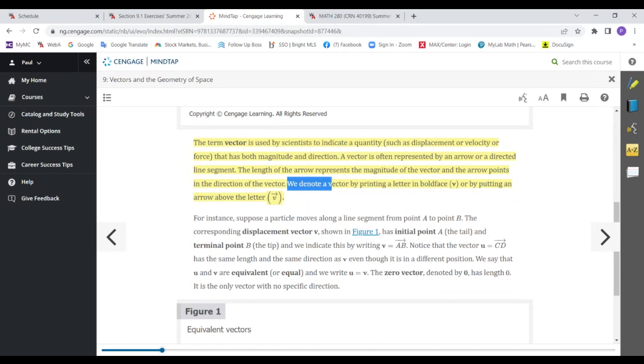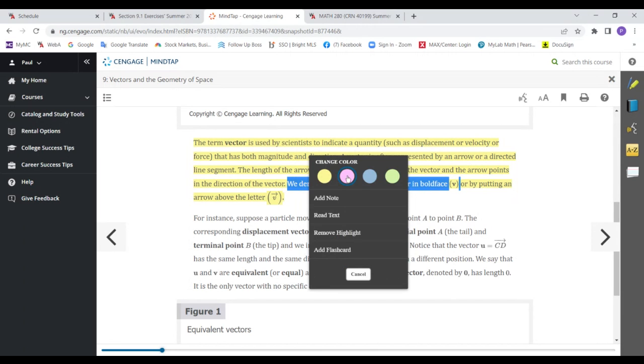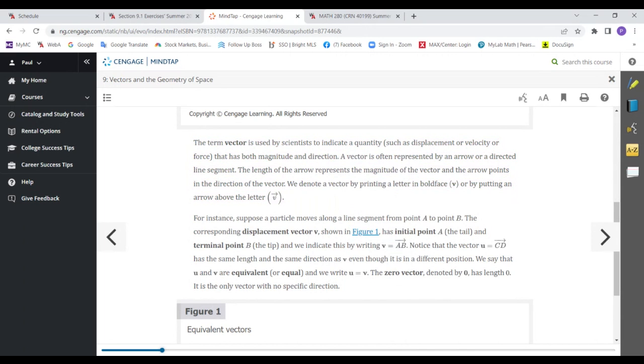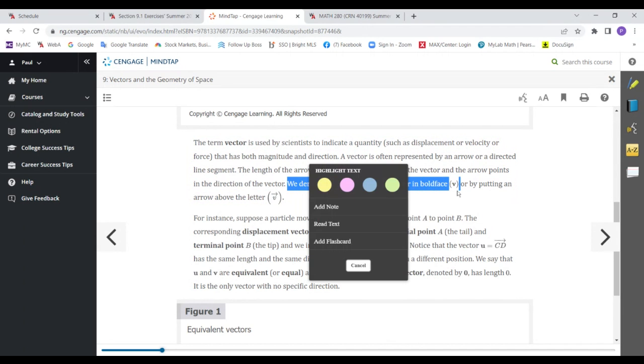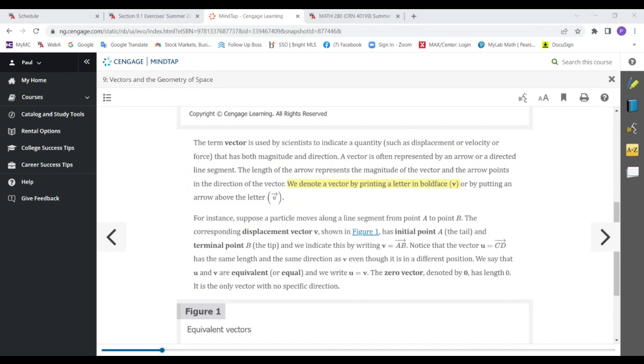We denote a vector by putting a letter in boldface or putting an arrow above the letter. So in your work, when you write a vector, use the arrow notation.